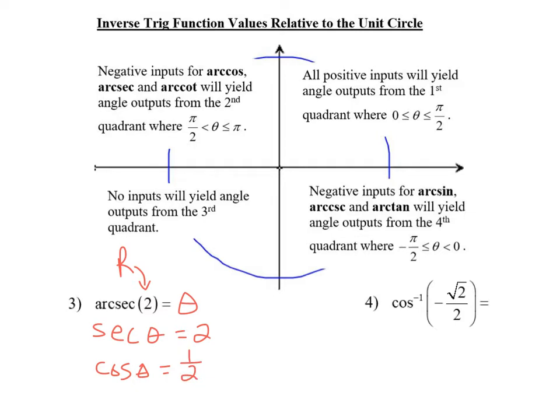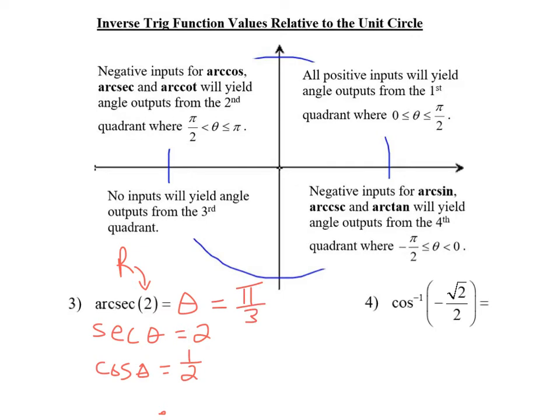Once again, we have a positive ratio, so we're looking in the first quadrant for the angle whose cosine is 1/2. And I think I know that our theta is going to have to equal pi over 3.